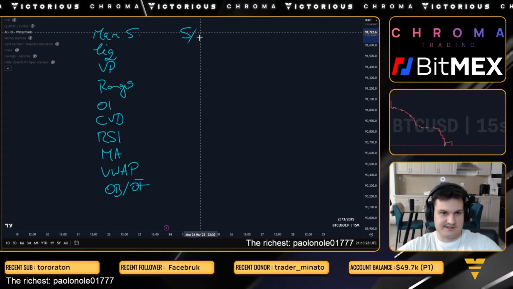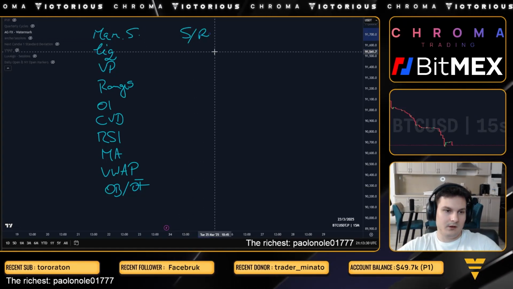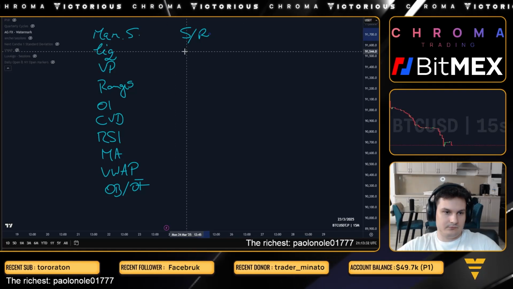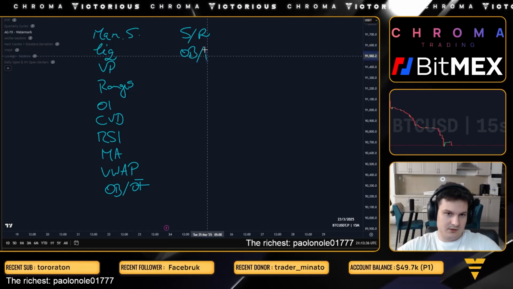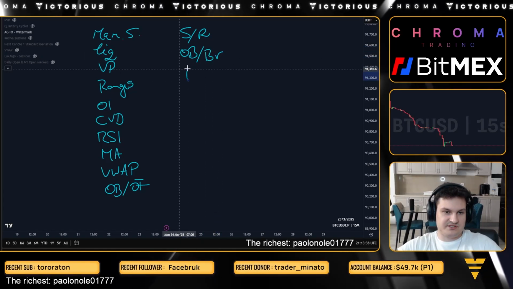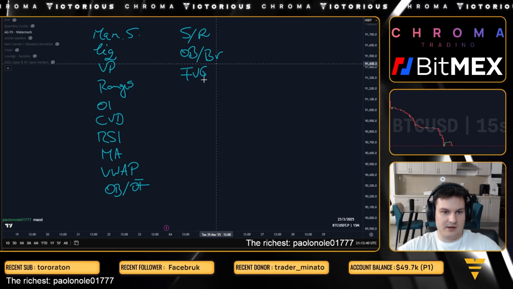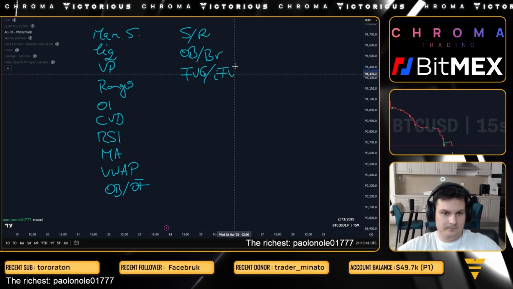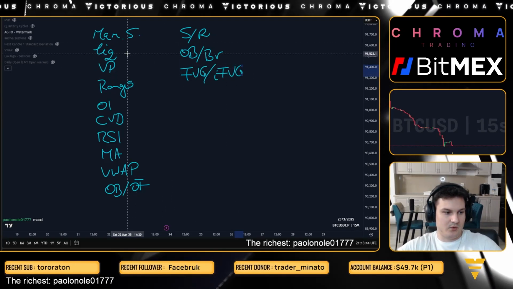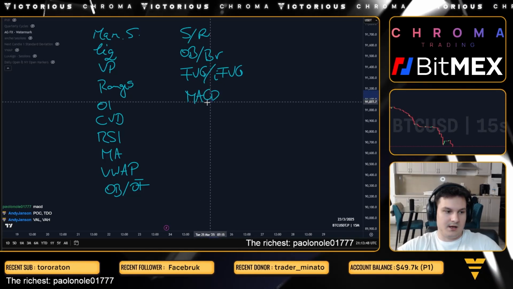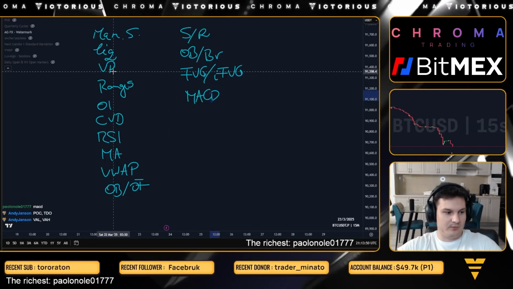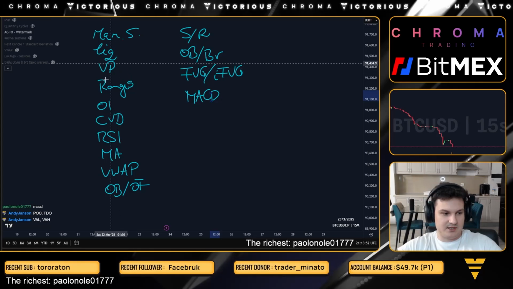Support and resistance. Order blocks and breakers. Let's put fair value gaps and inverse fair value gaps right here, even though they are kind of similar to liquidity. You can use MACD. POC is related to volume profiles. VAL, VAH is related to volume profiles.